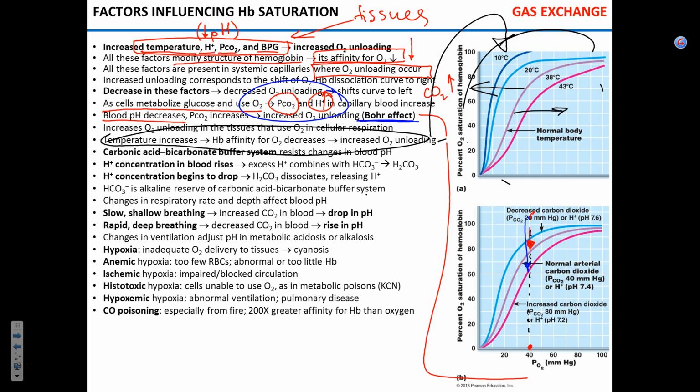Active muscles. Do they do cellular respiration? Yes. Do they produce CO2? Yes. Do they utilize oxygen? Yes. So as they produce CO2, what happens? The next few questions will be absolutely dumb.